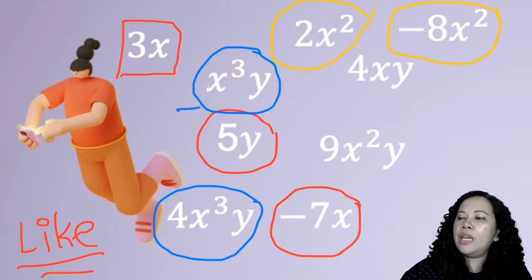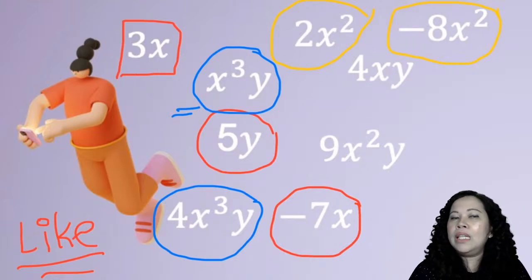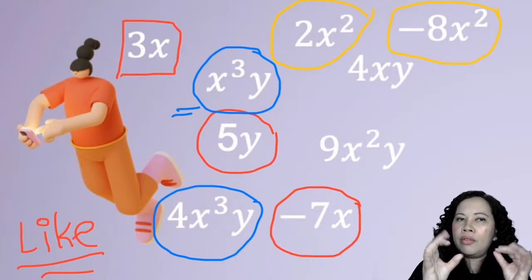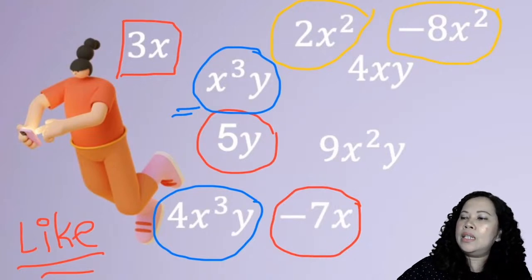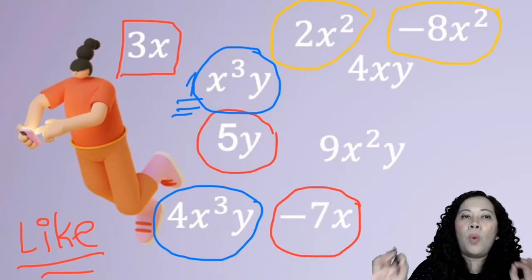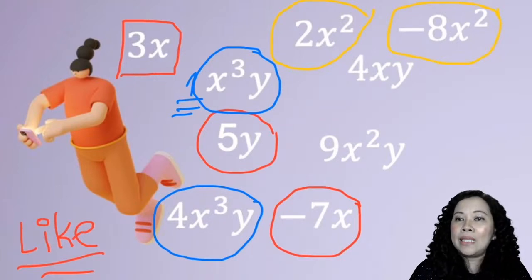Now, if there is no number before your literal coefficients, your variable or your letters, that means that it's considered that this actually has a 1 on that. Okay, so x cubed y and 4x cubed y are considered to be like terms.